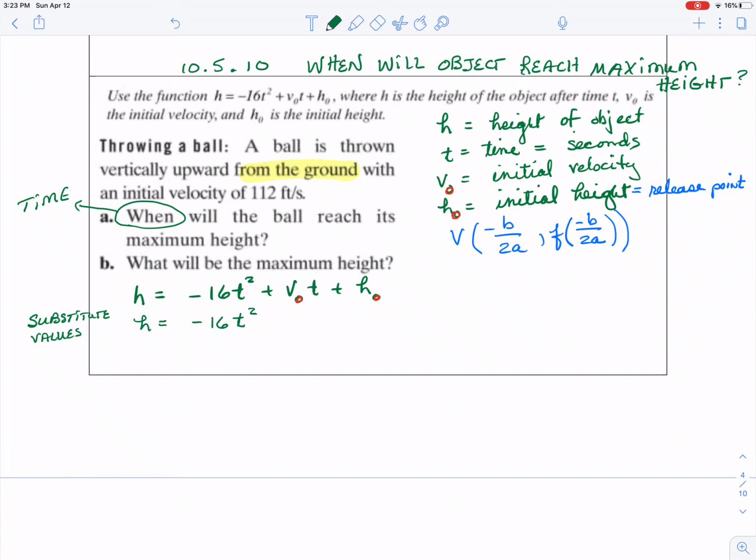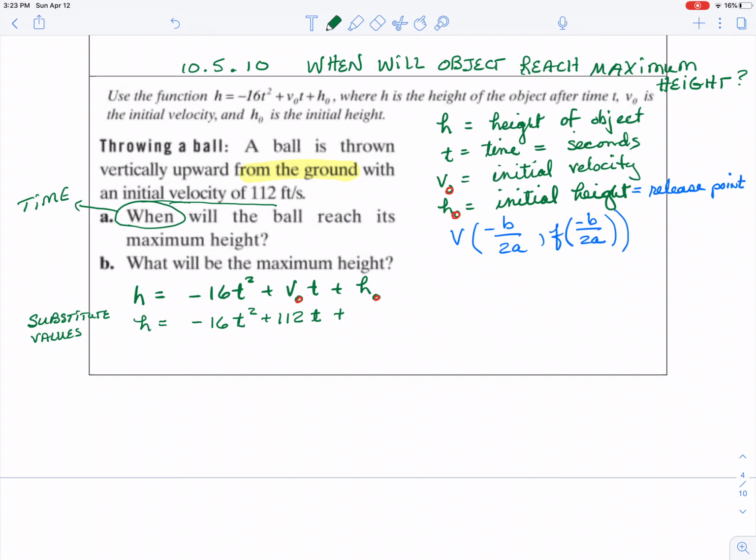Since we're in feet per second, there's a different number if you're in meters per second. All right, so v sub 0, initial velocity. If I look right back up here, it tells me that the initial velocity is 112 feet per second. So replacing v sub 0 with 112.